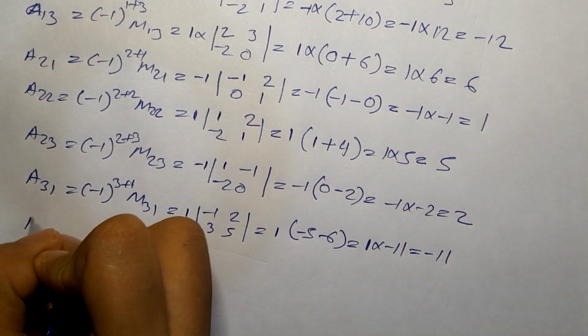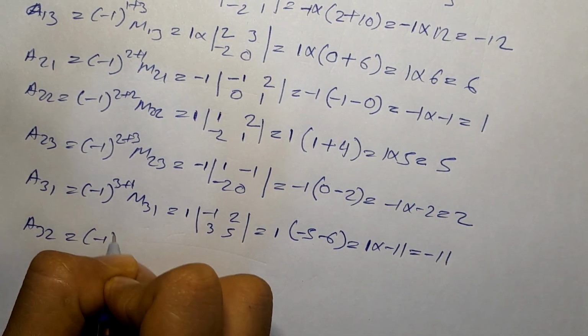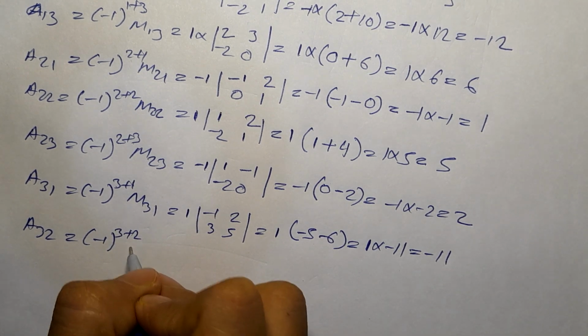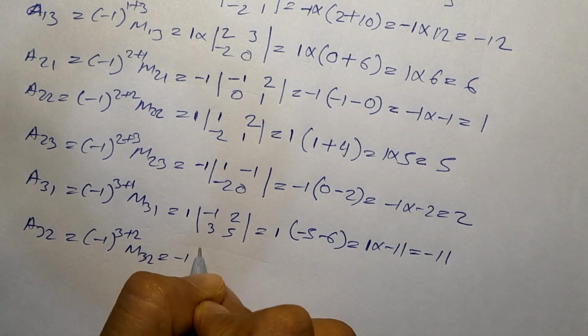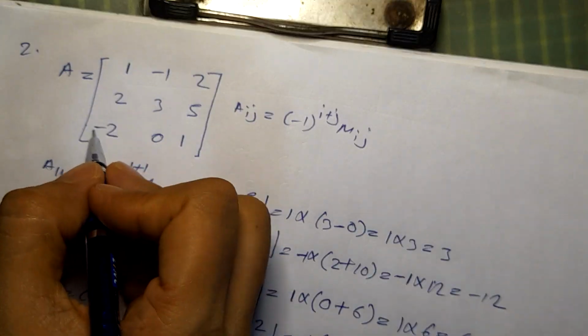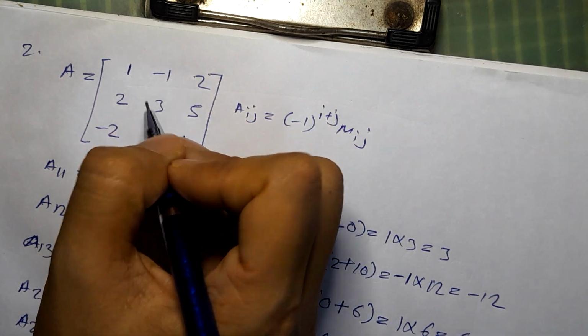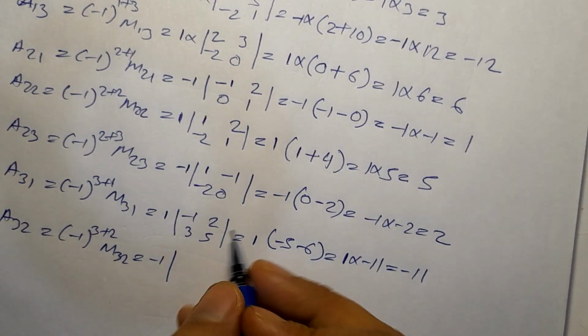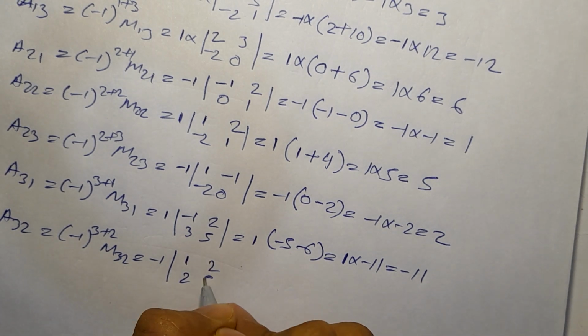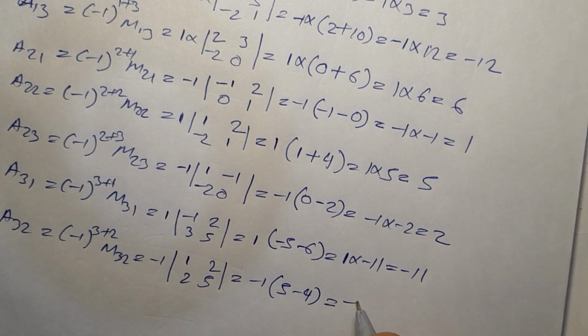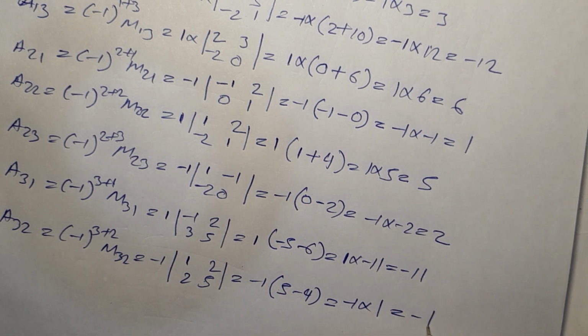A32, (-1) power 3 plus 2, so it will give negative, M32 equal to minus 1. Eliminate third row and second column, so it will be 1, 2, 2, 5, equal to minus 1 bracket, 5 minus 4, that is minus 1 into 1, so it will give minus 1.